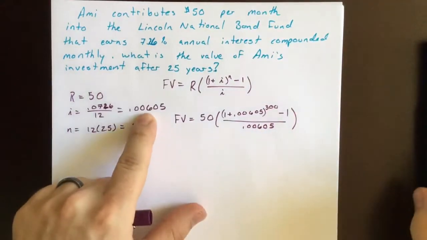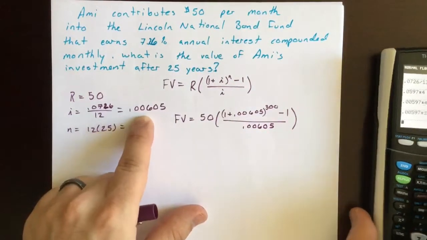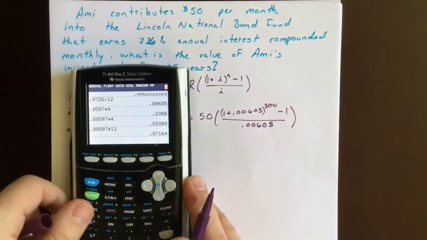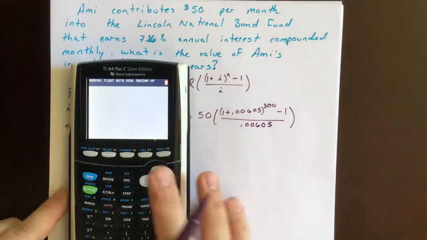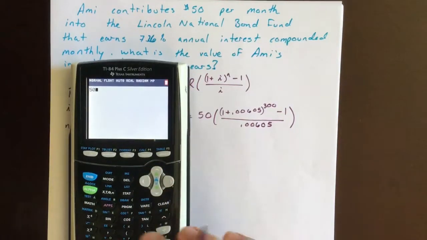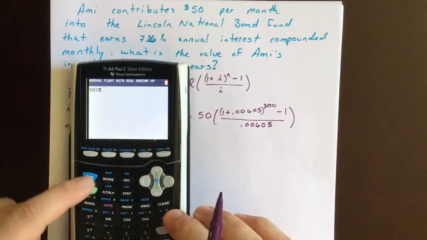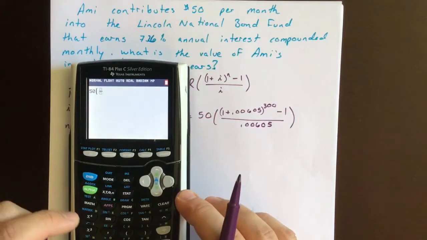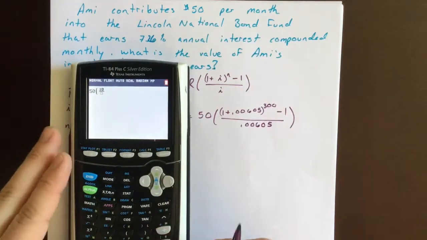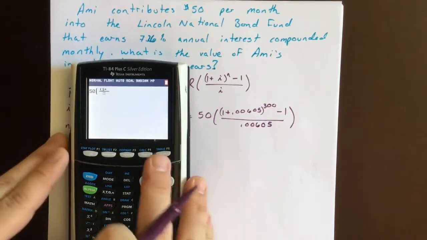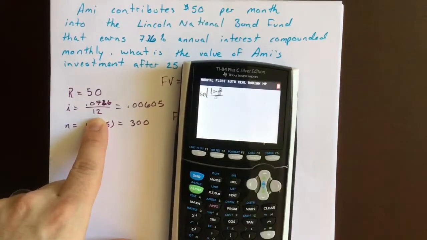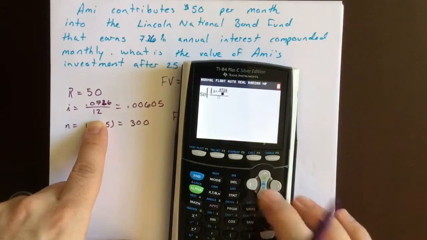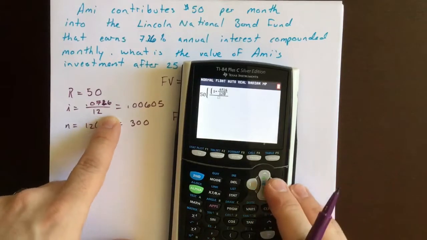okay. If you did not want to do this every time, if you'd rather just use the capability of the calculator, this is what it would look like. So we have 50. So we want a fraction bar. 1 plus, I'm going to use another fraction bar, 0.0726 divided by 12.